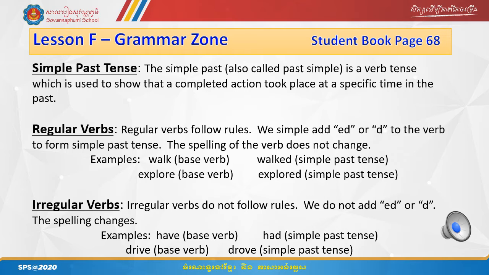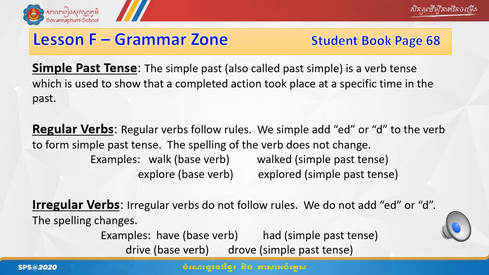In other words, something that we did happened yesterday. It is over and complete. Regular verbs follow rules. We simply add ed or d to the verb to form simple past tense. The spelling of the verb does not change.